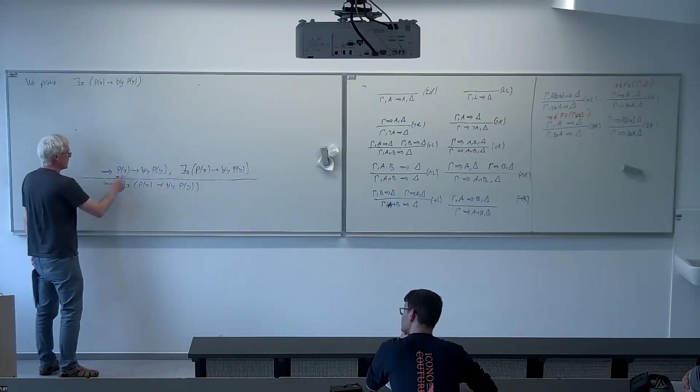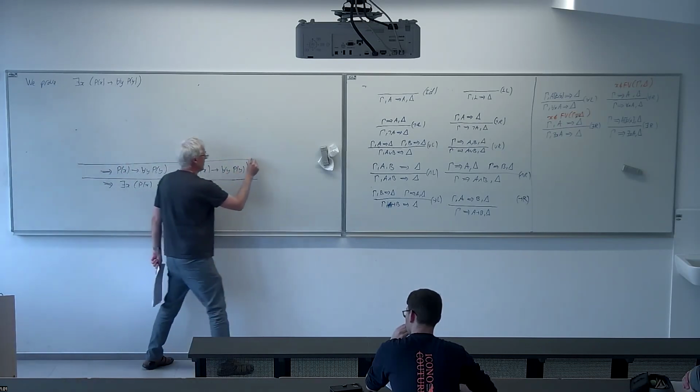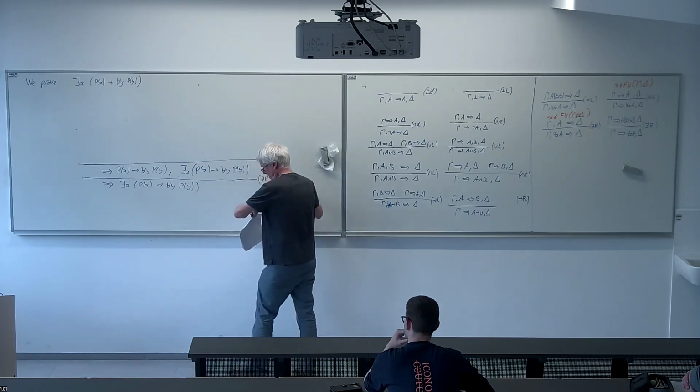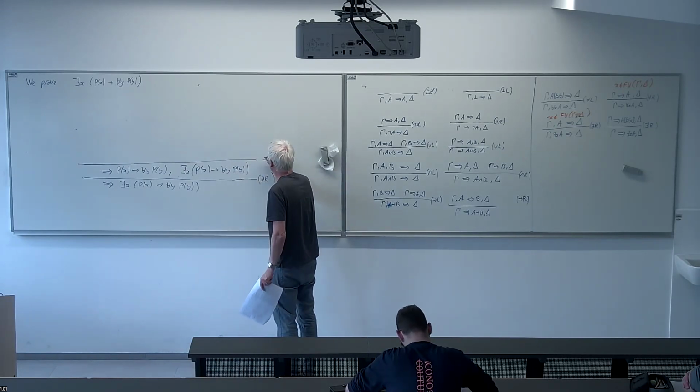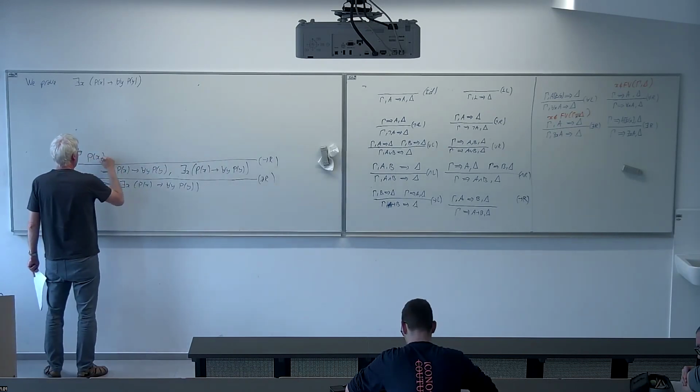So we work with this formula, and of course this is an implication on the right, so we're basically forced to do implication. So let's write the rules down. So here we have exists on the right, here we have implies on the right. So here we have px from px.